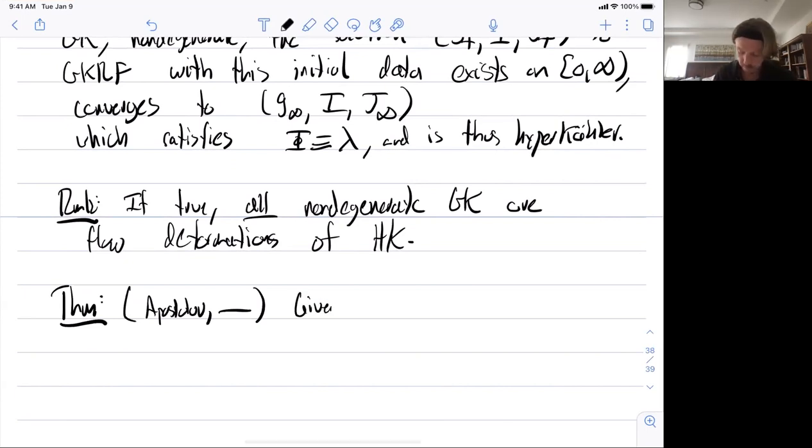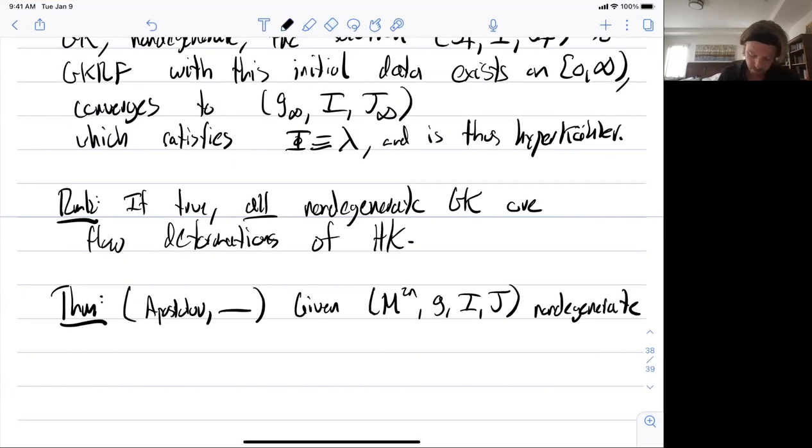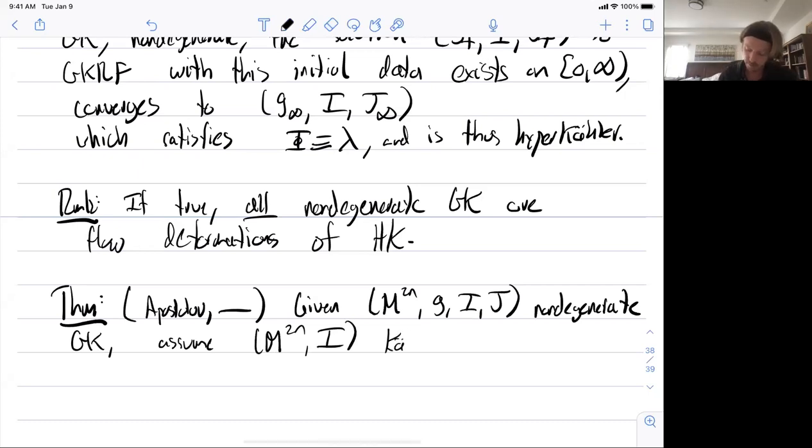So suppose we're given (M^{2n}, g, I, J), a non-degenerate generalized Kähler manifold, and assume, this is a big assumption, that already this is a Kähler manifold. I'm not assuming anything about the metric g, just that as a complex manifold it admits Kähler metrics. I just need it to admit some Kähler metric.